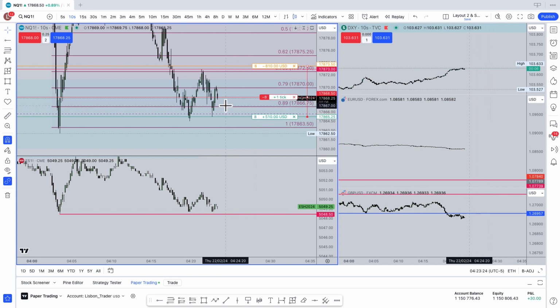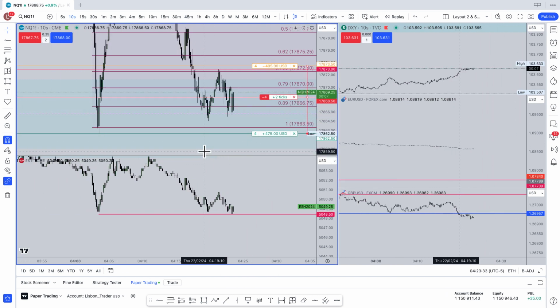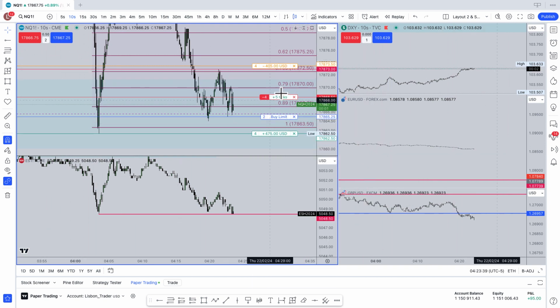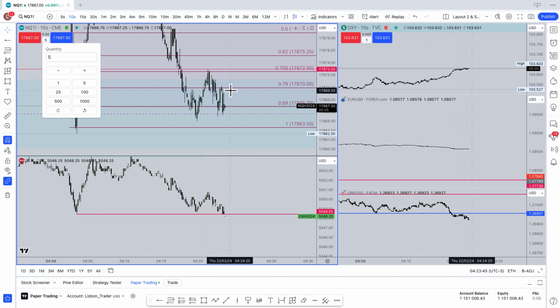Seeing, yes, holding the level. So now I can risk 1k, dropping out, put the buy above this level.